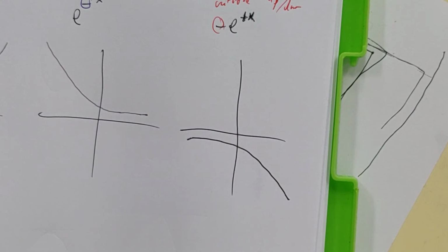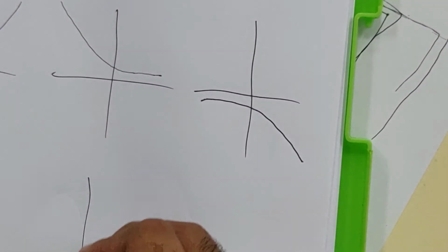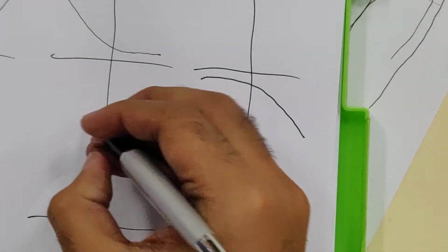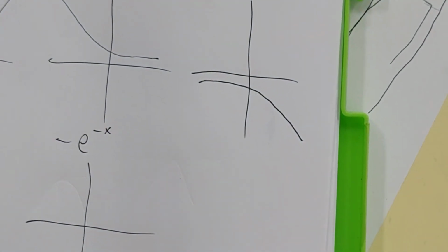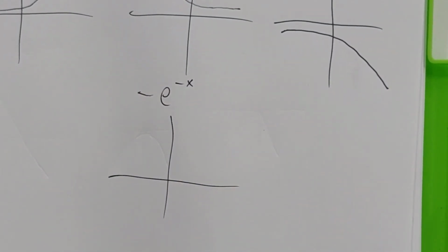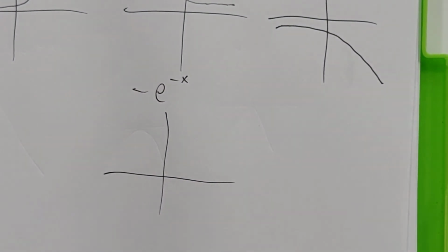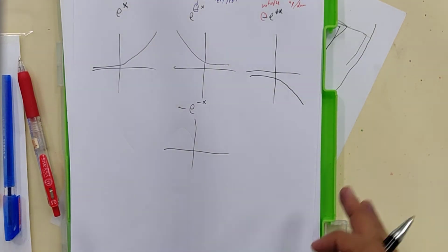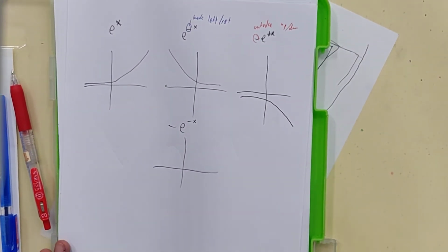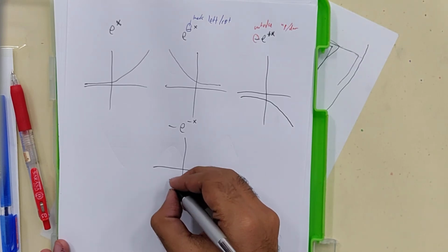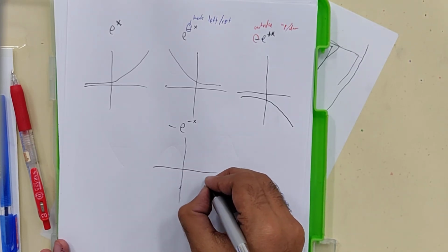So final one, try to figure out first. What about negative e^(-x)? I think I'm gonna replace. It's this way.